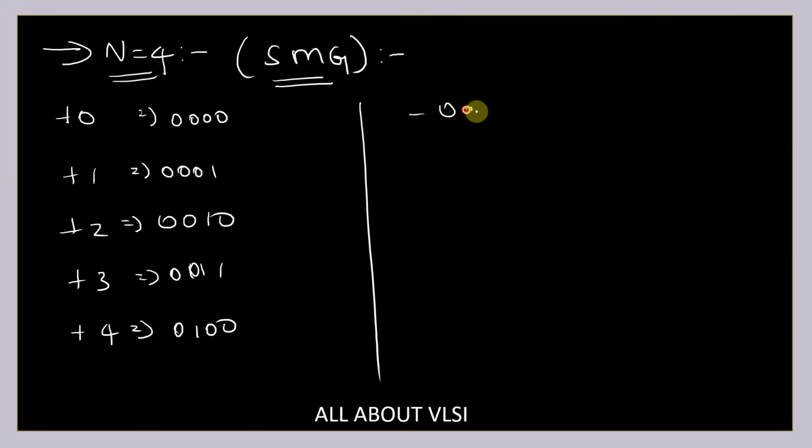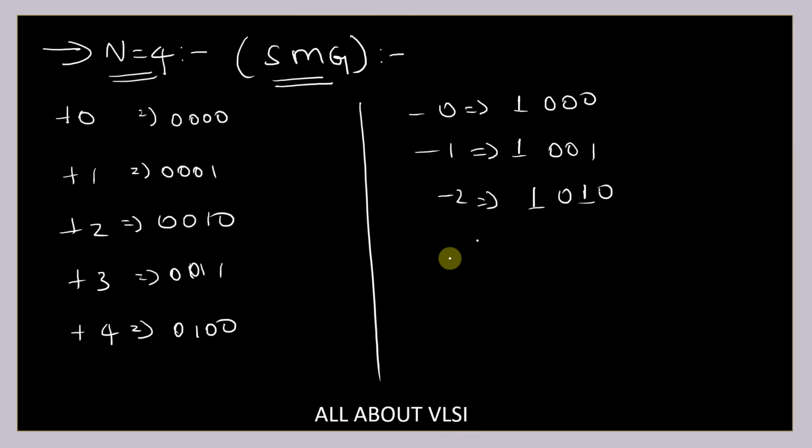Minus 0 is 1 0 0 0, minus 1 is 1 0 0 1, minus 2 is 1 0 1 0, minus 3 is 1 0 1 1, and minus 4 is 1 1 0 0.